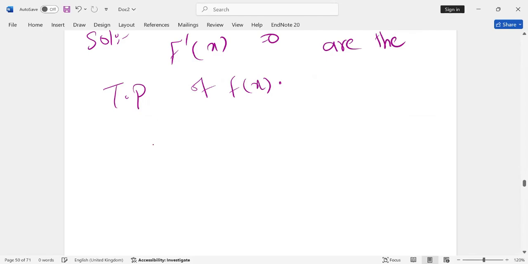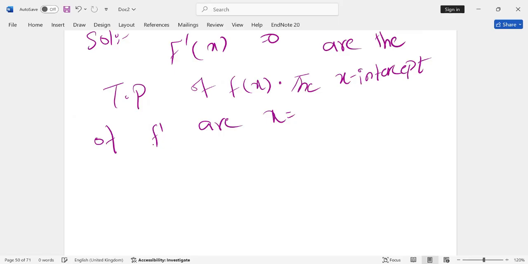So now we only need the x coordinates. The x-intercepts of f prime are x equals 1 and x equals 5/2.